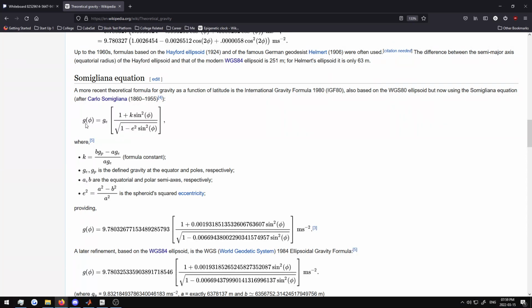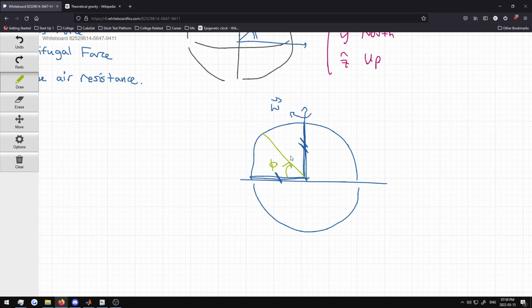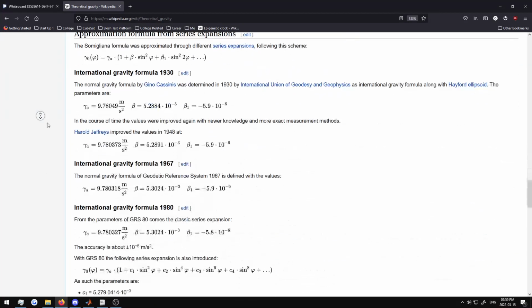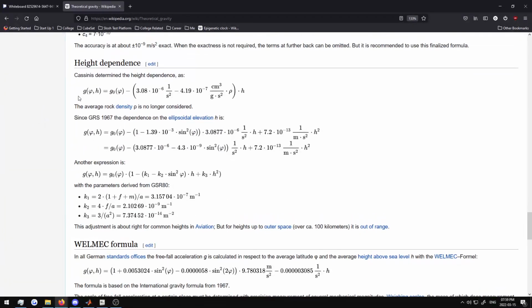Keep in mind, this is only for the phi dependence, so this is only for the surface of the Earth. If we go down a little further, we can see that there's another system for height dependence right here, Cassini's. As you can see, you simply take the model for the phi dependence and add in an extra term to account for the change that occurs as you go up and down.